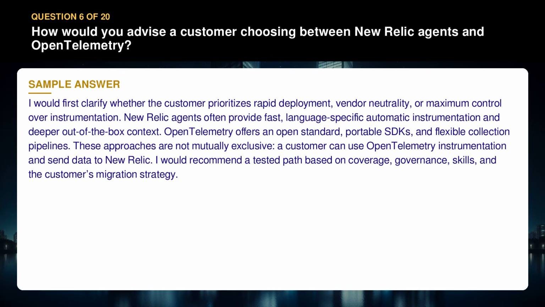OpenTelemetry offers an open standard, portable SDKs, and flexible collection pipelines. These approaches are not mutually exclusive. A customer can use OpenTelemetry instrumentation and send data to New Relic. I would recommend a tested path based on coverage, governance, skills, and the customer's migration strategy.